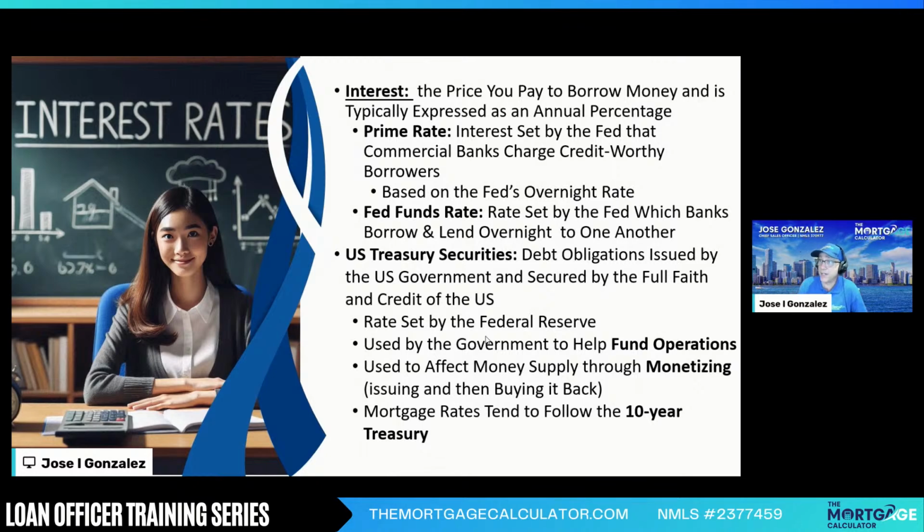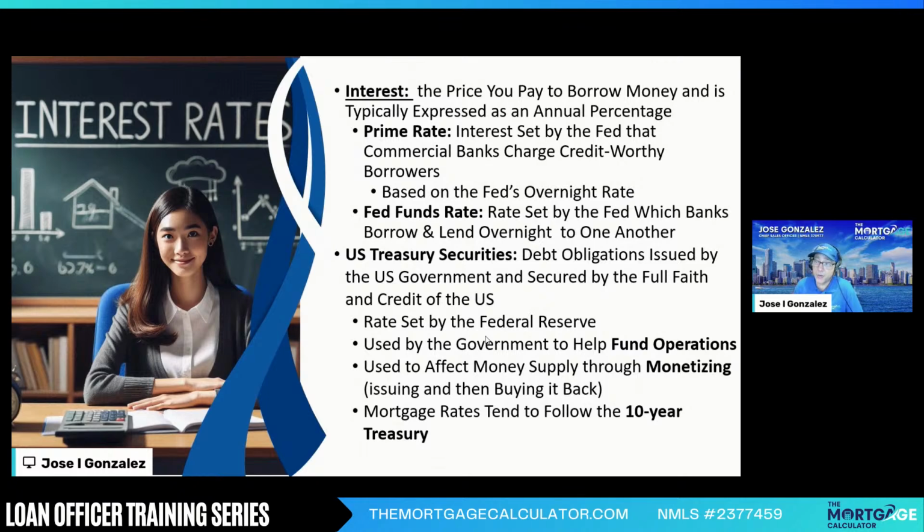That's the prime rate. Now, the Fed funds rate, that is the rate that is set by the Fed, which banks borrow and lend overnight to one another. So you have all the banks that participate in the Fed, they have to have a minimum capital reserve requirement.